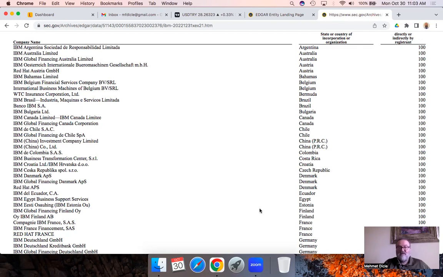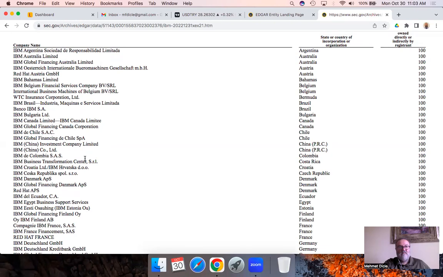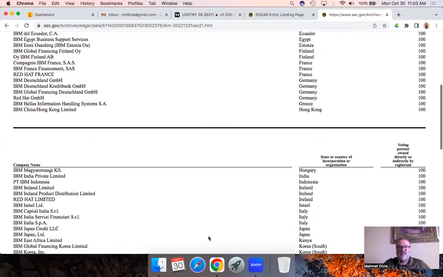So our subsidiaries, our affiliates, each and every one of these is actually an independent financial statement which consolidates into IBM's financial statement, and that makes us quite exposed to the foreign exchange risk of individual countries.